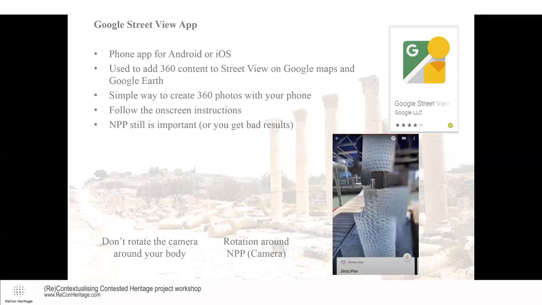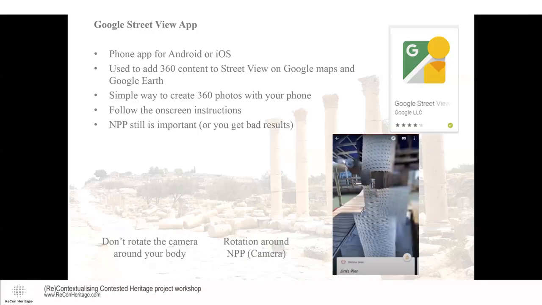However, to get really good results, you have to think a little bit more about the photography. Because it's so intuitive to use and it takes you through the process, if you don't think about the photography itself, you end up with bad results. So the no parallax point is still really important.